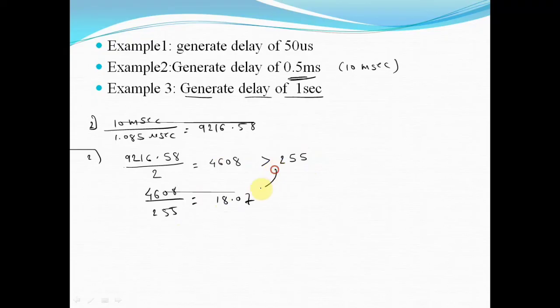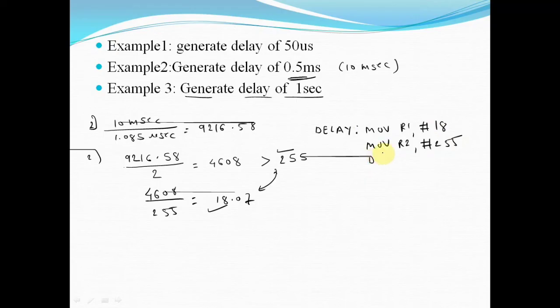So now you have to use 2 loops, the inner loop with a value 255 and the outer loop with a value 18. If you want to write a delay routine, what are the instructions? My first instruction in this delay routine will be MOV R1, #18. Then you load the second count, that is 250.